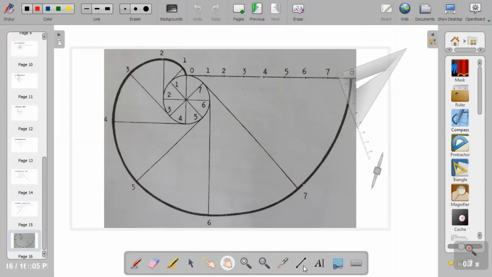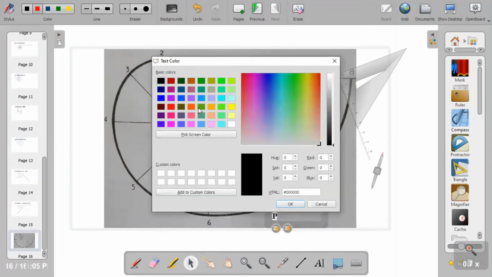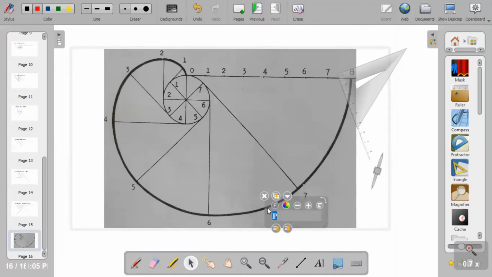So now, to construct a tangent and normal at a point P on the curve, I'm going to select a point. So I'm selecting this point as my point P. So let me type point P. So this is my chosen point P on the curve.